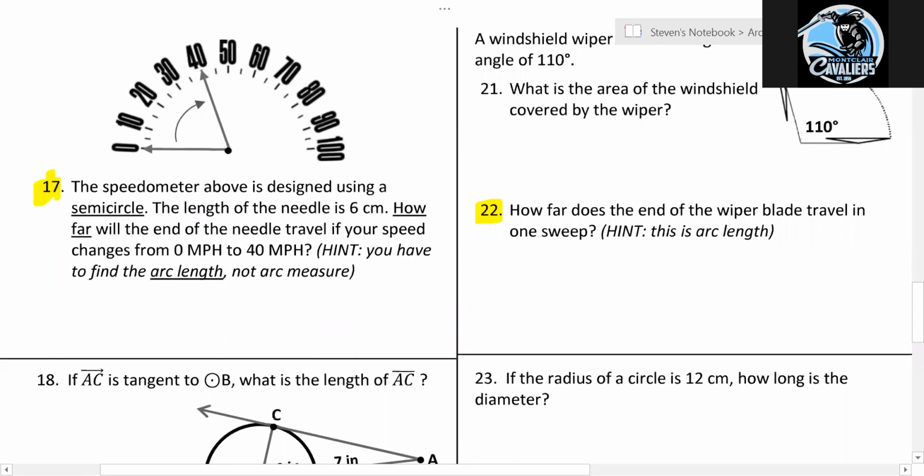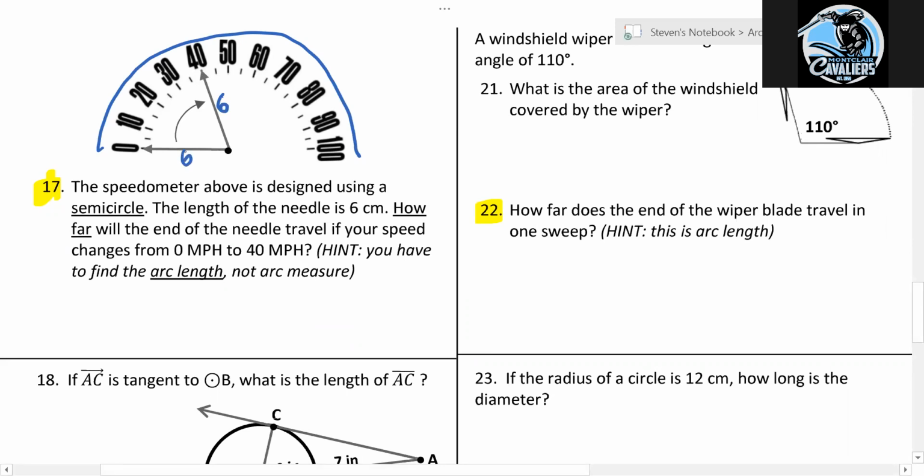It says the speedometer above is designed using a semicircle. That's very important. A semicircle is half of a circle, and you can kind of see it right here. If I go from here to there, that's half of a circle. It says the length of the needle is 6, so that's telling us the radius of the full circle would be 6.